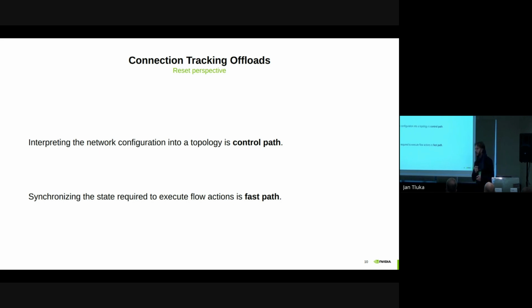We have to interpret those configurations and executions to build up the nodes of the packet processing graph, while actually synchronizing the state that is required for correct execution of a single flow action needs to be part of the fast path. It needs to be part of processing the packet itself.